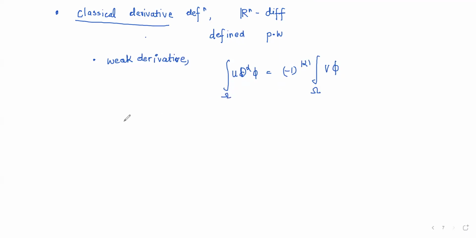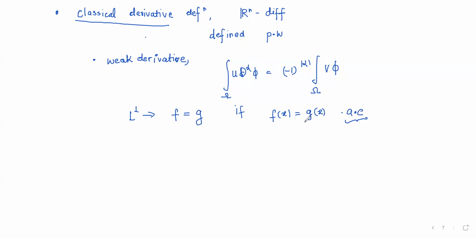And you know Lp, L1, this is an equivalence class. So you say f is equal to g if f(x) is equal to g(x) almost everywhere. And what is almost everywhere?